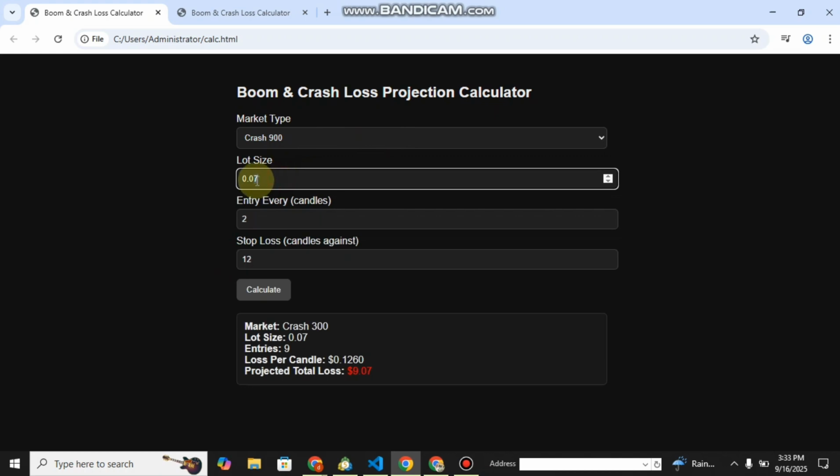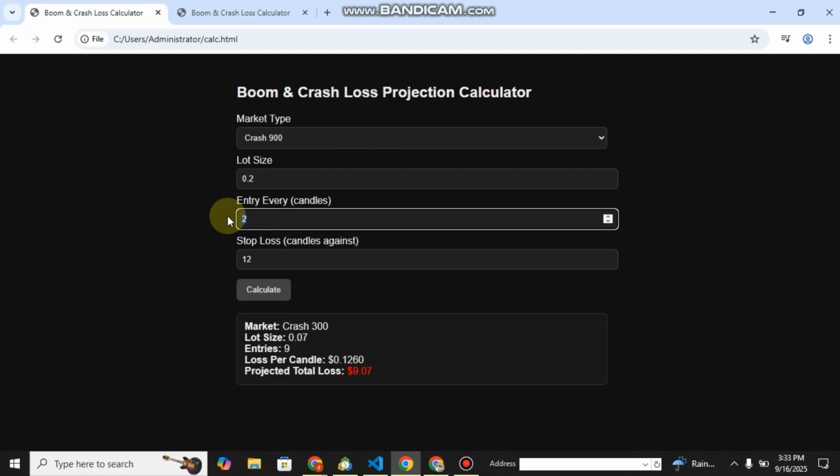I was using a lot size of 0.2 and I want to enter my entries after every 3 candles. How much will I have lost if it doesn't spike by then? You click calculate. I lose $9.60. So if I have a $20 account, I'll have lost 50% of my account.